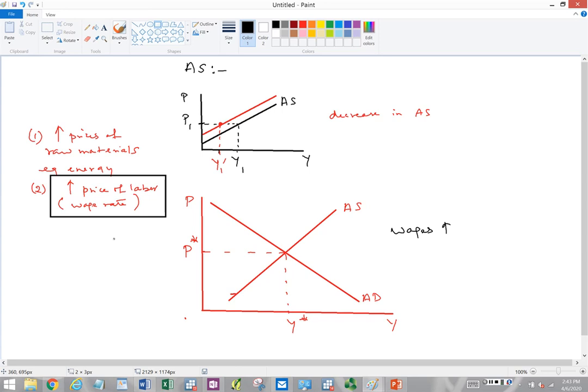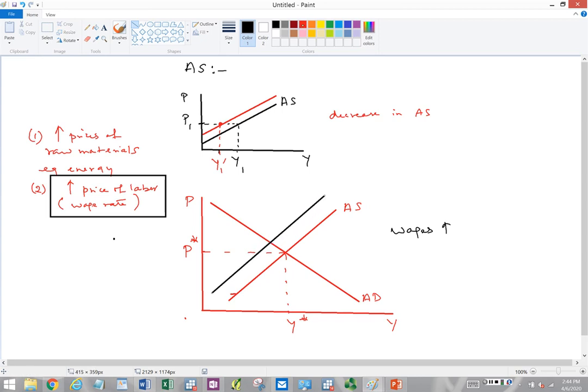Workers are a key input. This lowers firms' profits, right? And this basically makes it worthwhile for the firm to produce less than before at the same price level, right? So, in other words, the entire AS curve that you see here shifts to the left. We have a decrease in AS, correct?